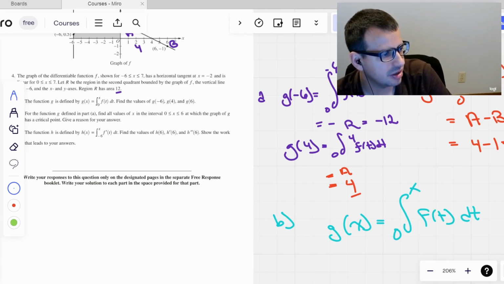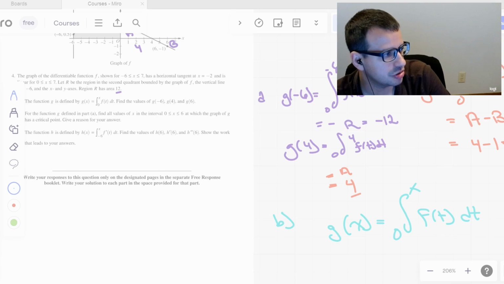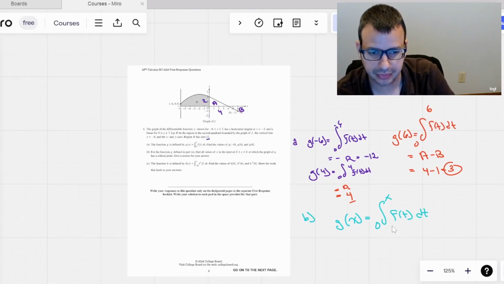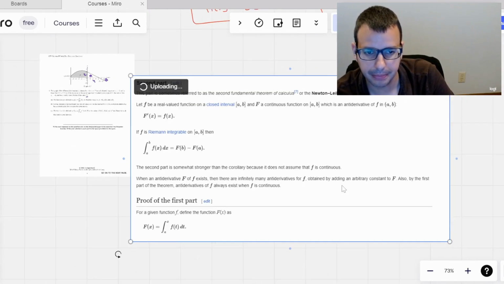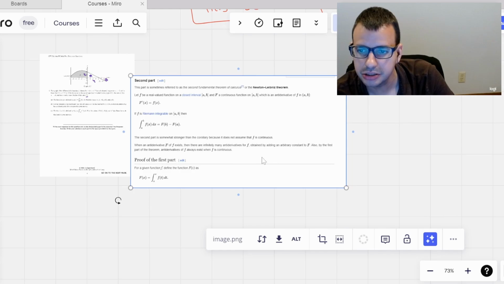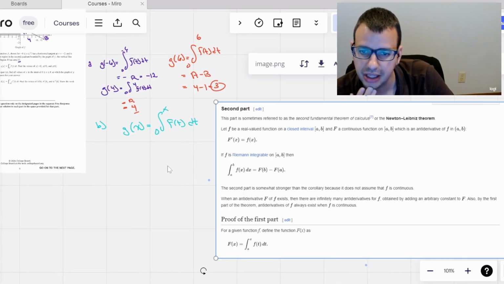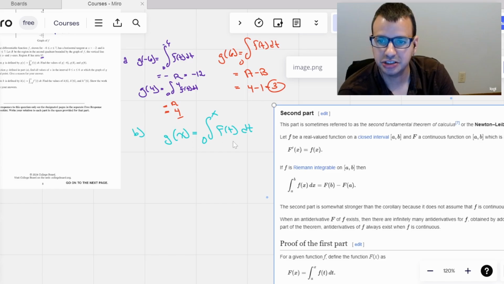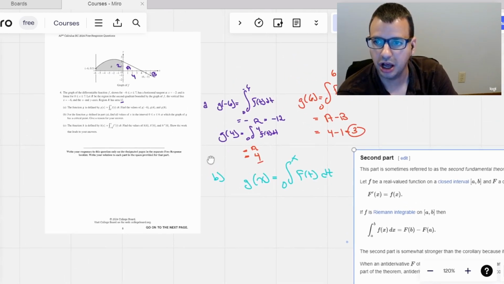Let me grab a little screenshot here. Boom. This is just straight off of Wikipedia. Copy. Paste. So the idea here is this g of x is going to be the integral of f.